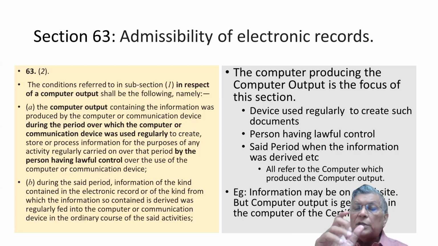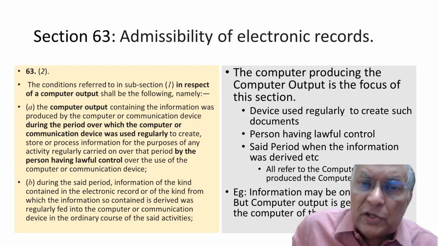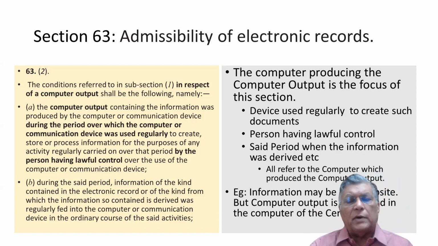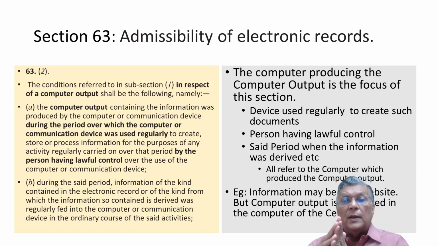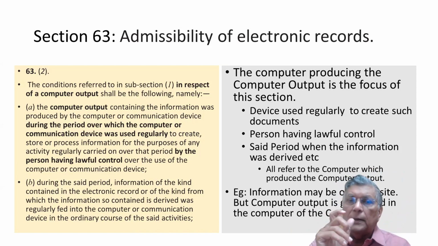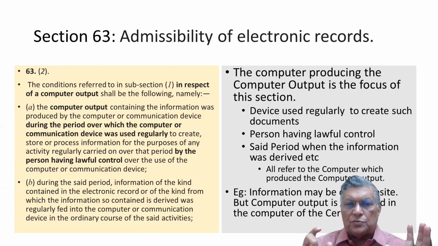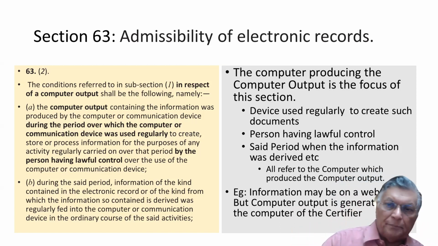So the output is produced within those few minutes when the copy of the primary document is converted into another copy which may be stored on a device or printed out, because both the printout as well as the stored copy could be considered as computer output. So said period refers to this short period in which the person can say, yes, in these 5 minutes, my computer is working properly.